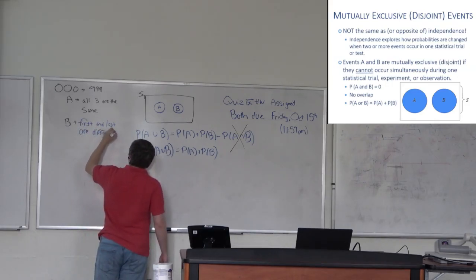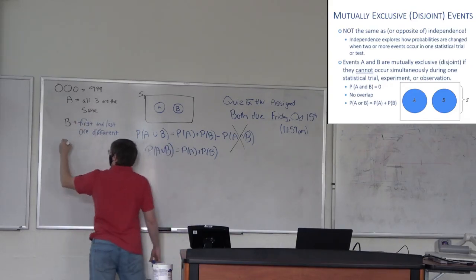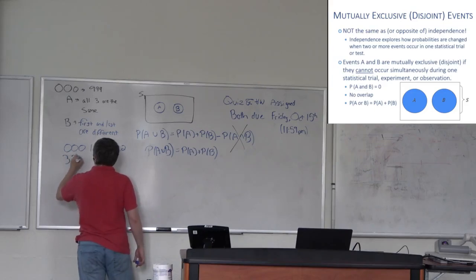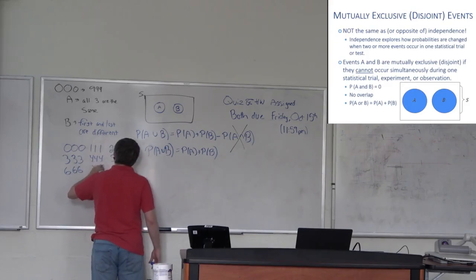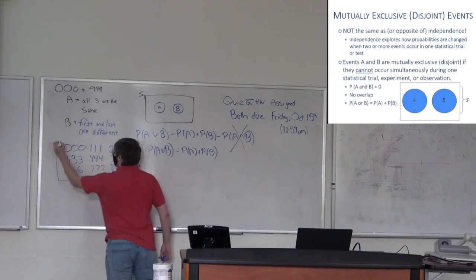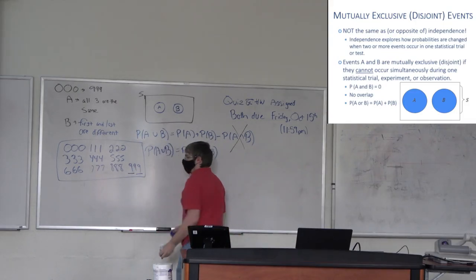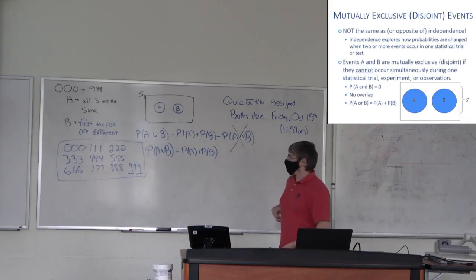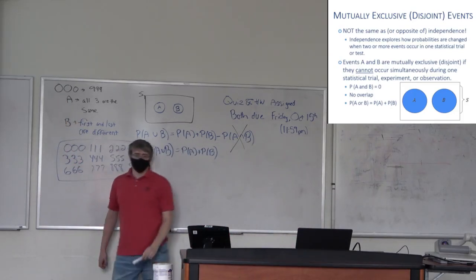Just by looking at this, if you remember from last time, the only 10 scenarios of this are from 0, 0, 0, 1, 1, 1. I'll write them out here just to be concrete about it. In these 10 cases, you do not have a single one where the first digit and the last digit are different. Because of course, to have all 3 be the same, you need to have the first and last be the same as well. And so these 2 events are mutually exclusive or disjoint.